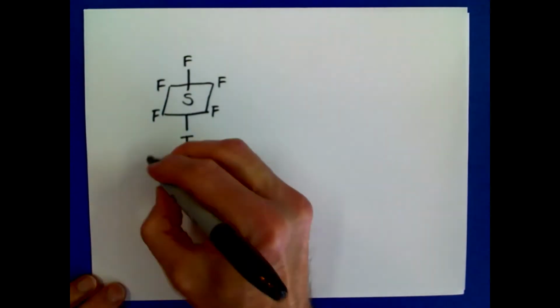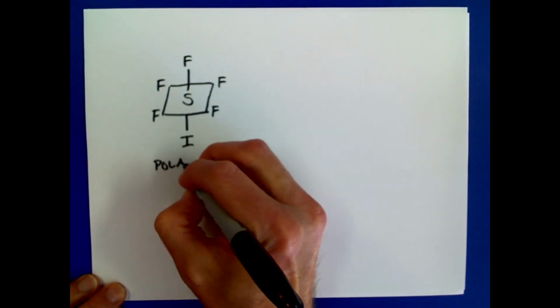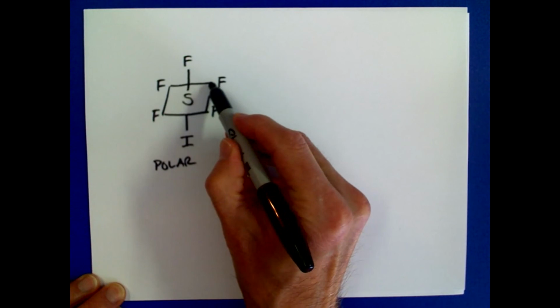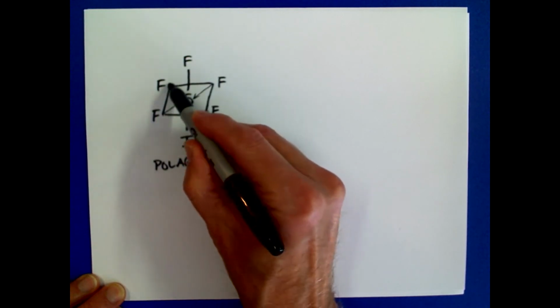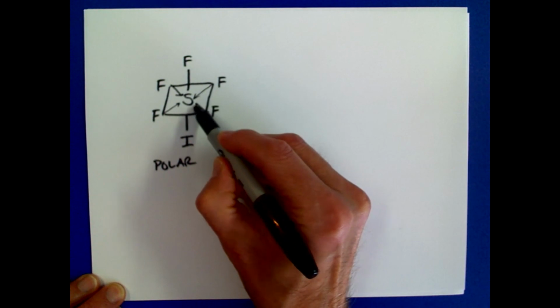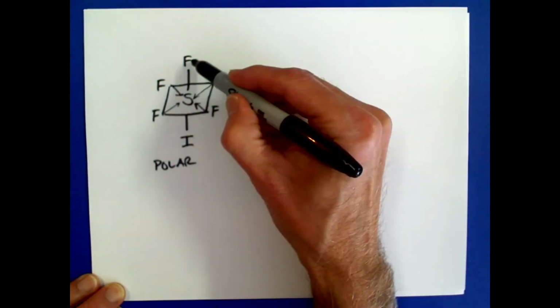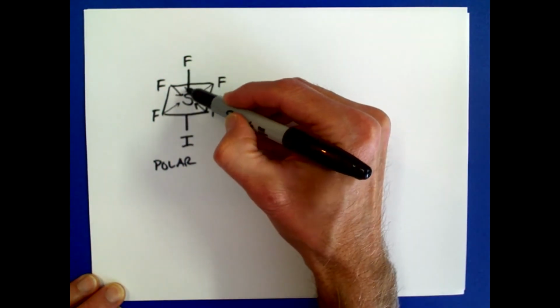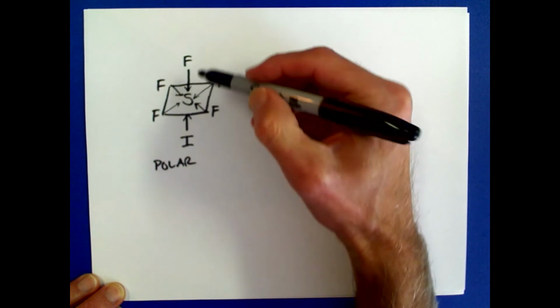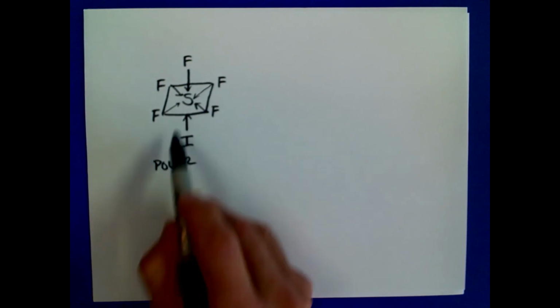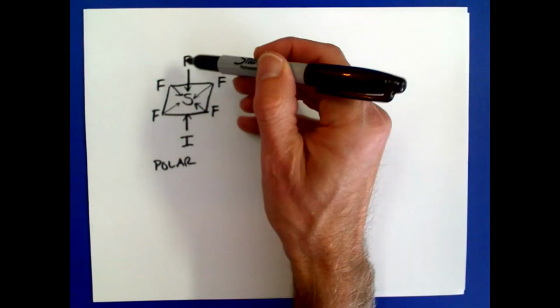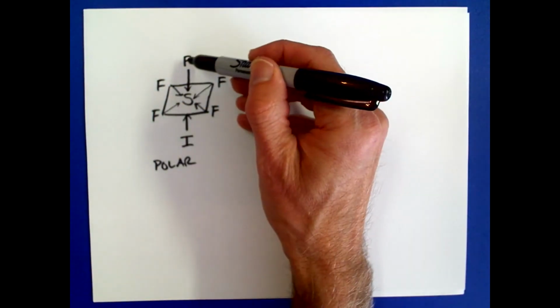Well, this would be a polar molecule. I hope you recognize that. Now, any dipole moments in the plane are going to cancel each other out. And if this was a fluorine, this would cancel out any dipole moment pointing down in this direction. But the issue here is that the difference in electronegativity between iodine and sulfur is different than the difference in electronegativity between fluorine and sulfur.